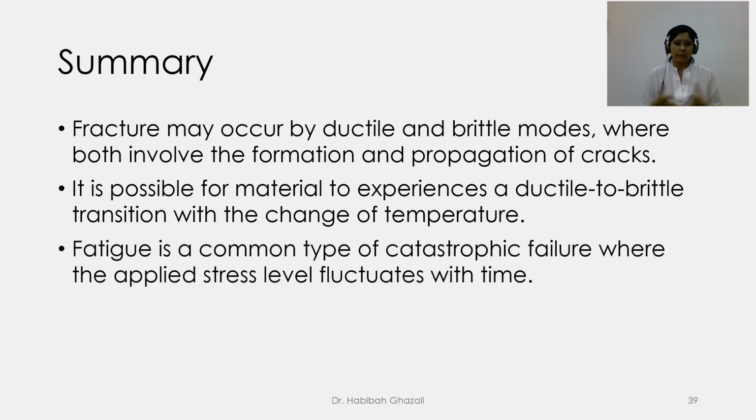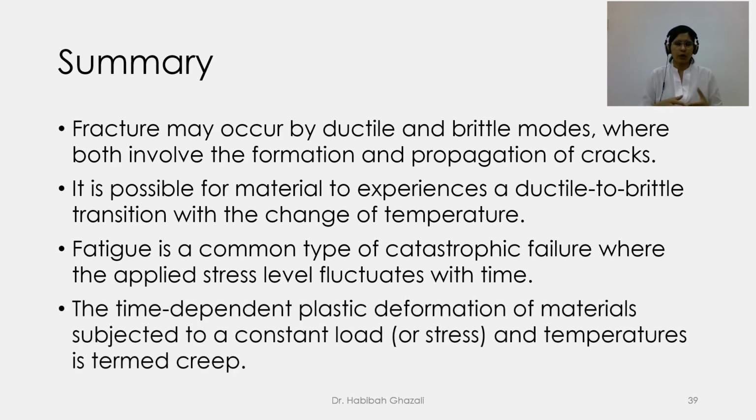Another type of material failure is fatigue failure, which is a common type of failure caused when an applied stress level fluctuates with time. And we also have a time-dependent plastic deformation of material subjected to constant load and temperature, which is termed creep deformation.